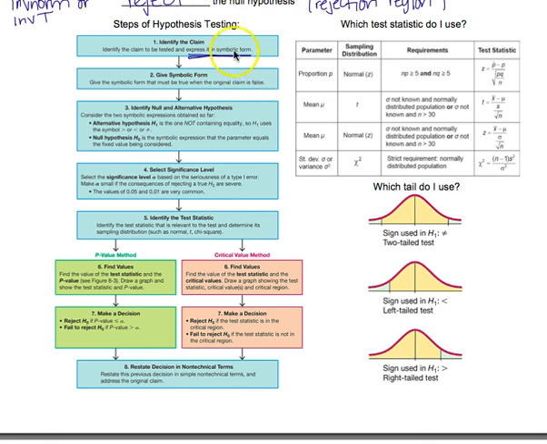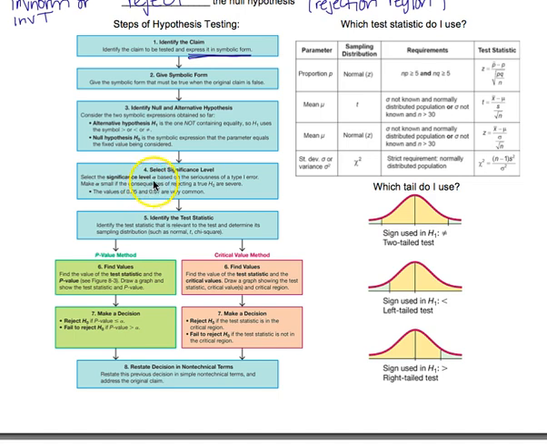So we're kind of identifying what the opposite would be. And remember that the null hypothesis always has to have an equals, and we're deciding whether our alternative hypothesis should have a greater than, a less than, or a not equals. So the alternative hypothesis does not contain equality. There are no equal signs, only a not equals, a less than, or a greater than. The null hypothesis has the equals.